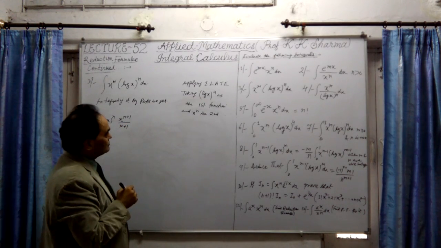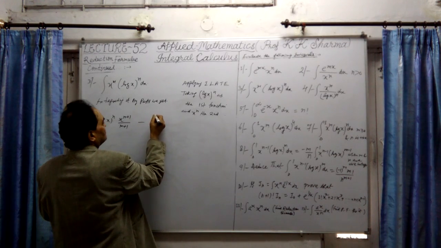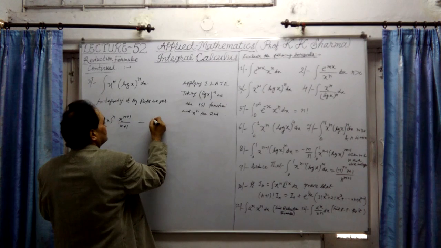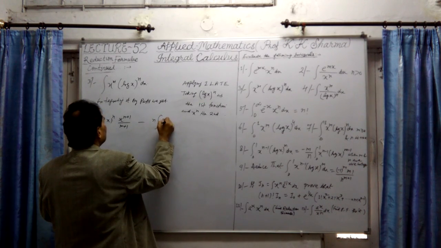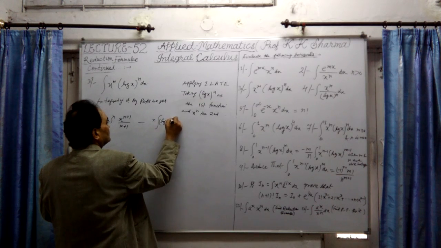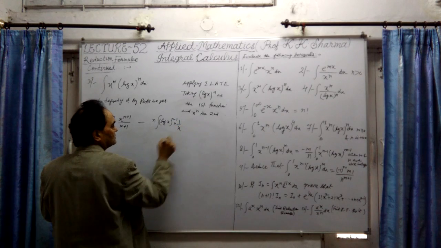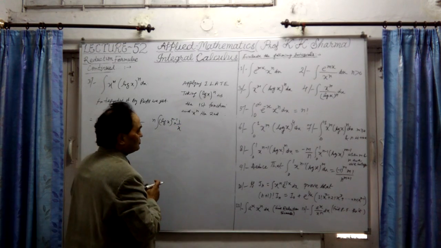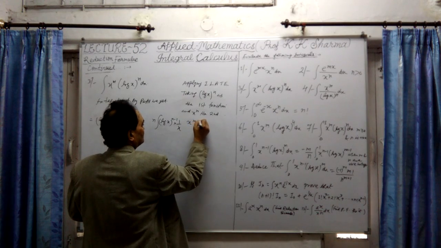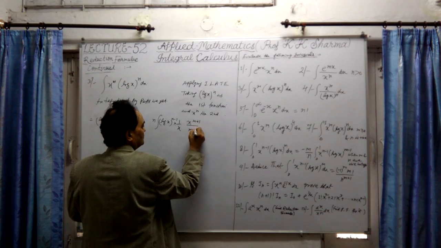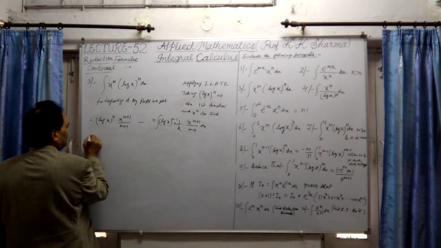Minus n into log of x whole power n minus 1, into 1 upon x, the differentiation of log x, into x to the power n plus 1 upon n plus 1 dx.